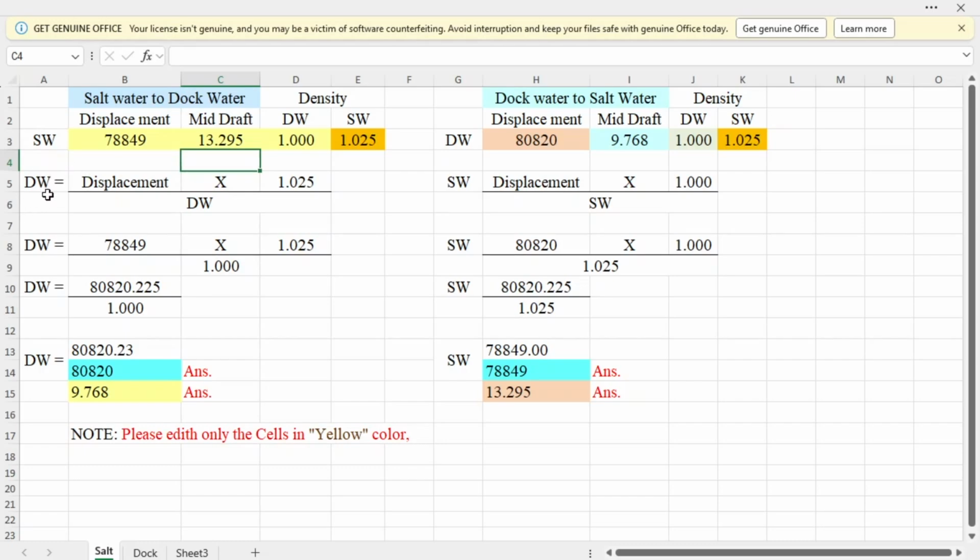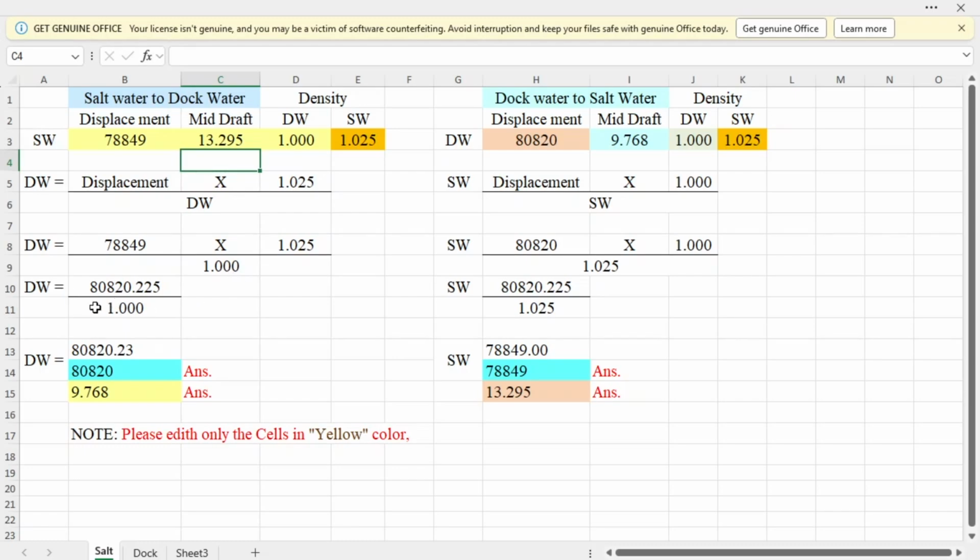Okay, so to get the dock water displacement, the formula is displacement times 1.025 over your dock water density. So the displacement, which is 78849, multiplied by your constant for salt water of 1.025, because you are floating in salt water, over your dock water density of 1.00, or 1.